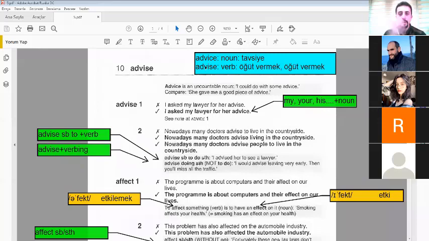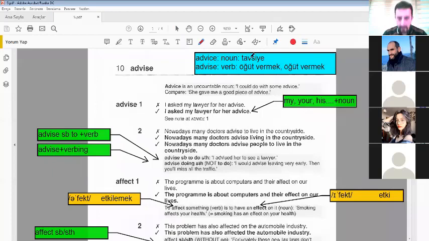So I need one person to read this part. Who wants to read this blue part? May I? Yes, please. Advice, noun, tavsiye. Advice, verb, öğüt vermek.